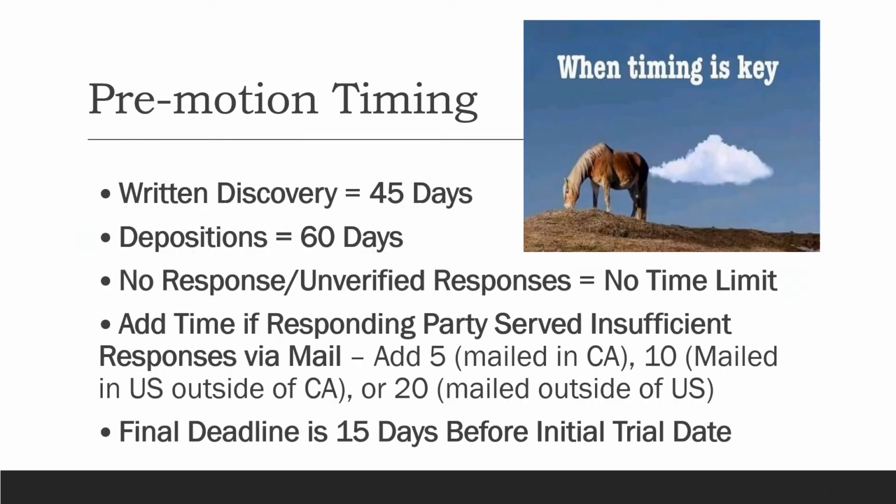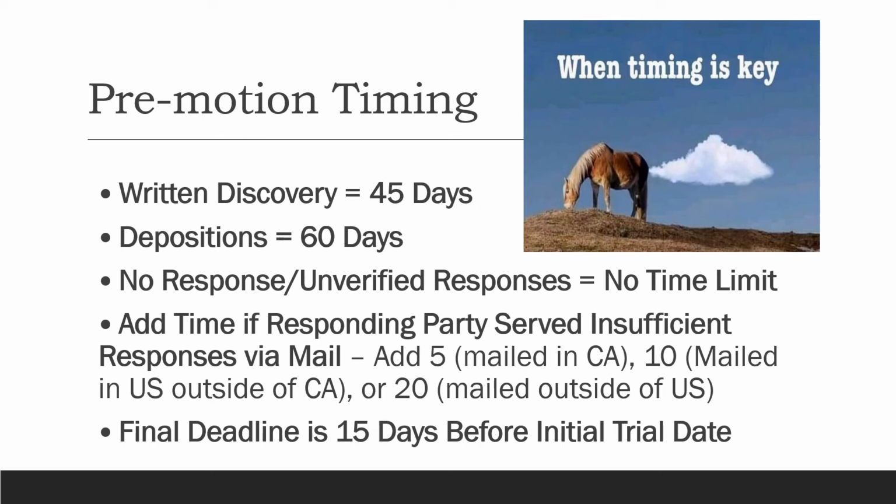So this is just a review of the pre-motion timing. For written discovery, it is 45 days. Motions to compel may be filed 45 days after the insufficient response. 60 days for depositions.